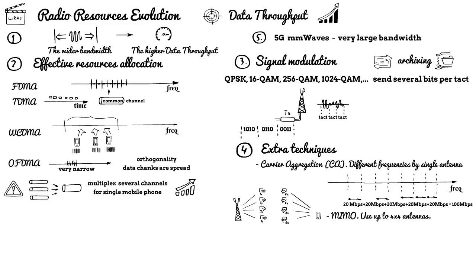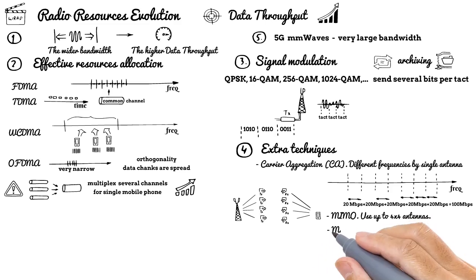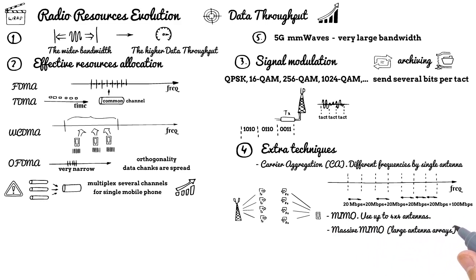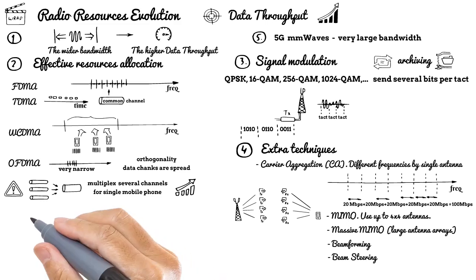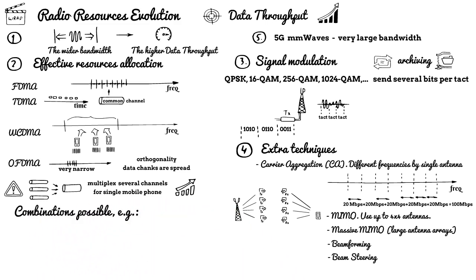It helps with interference and also allows us to increase data throughput when different signals are sent through different antennas. Massive MIMO with large antenna arrays, beamforming and beam steering techniques were the next improvement, which can be seen in 5G networks.